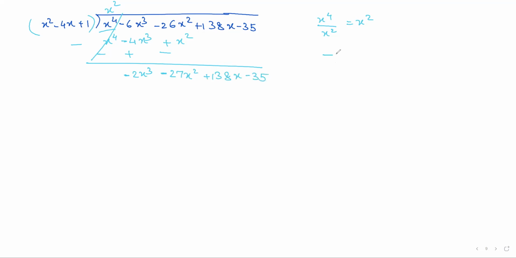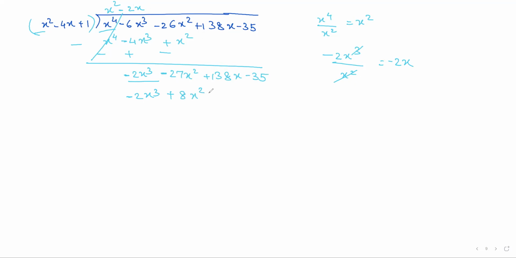First term minus 2x cubed divided by first term x squared. You're left with minus 2x. This minus 2x is to be written over here. Then multiply minus 2x with g of x. You get minus 2x cubed, minus minus plus, 4 2s are 8, so 8x squared.